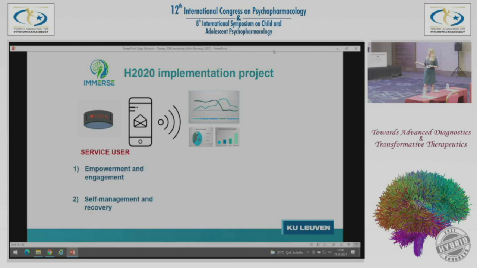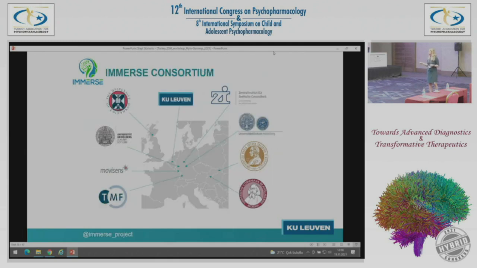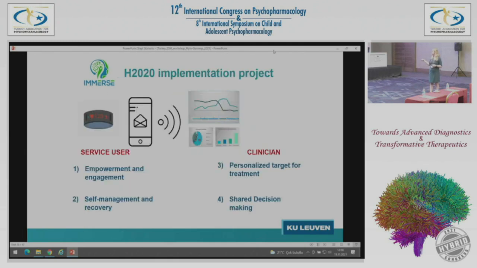We are going to investigate, on the one hand, whether implementing this will improve empowerment, engagement, self-management and recovery from the service user perspective, and from the clinician perspective, whether it will help them personalize targets for treatment, as well as improve shared decision-making.